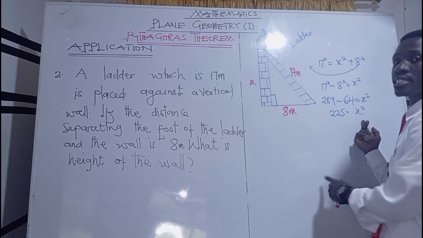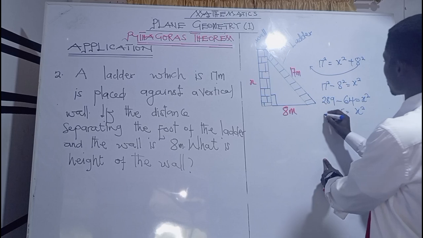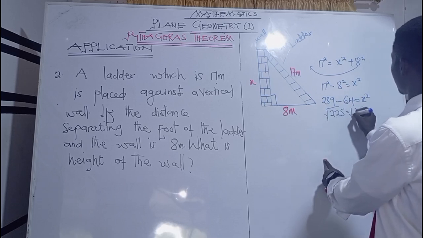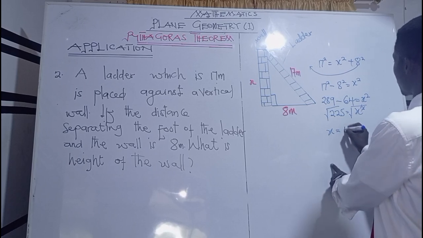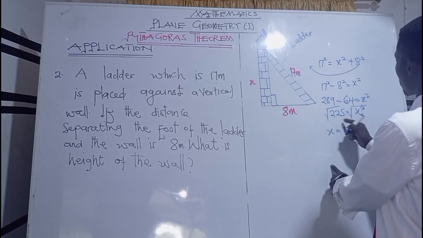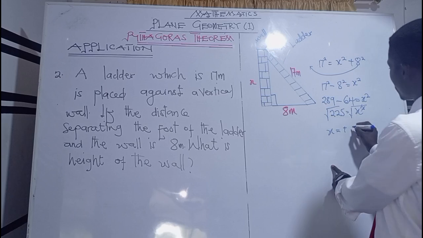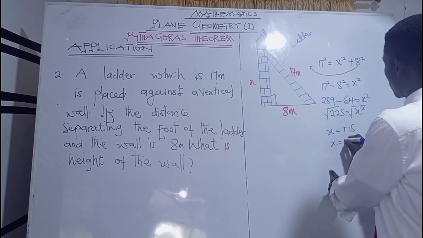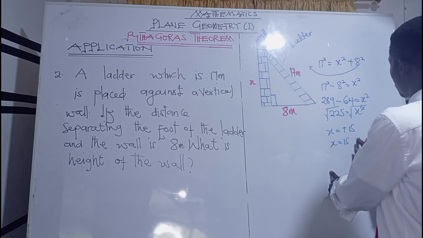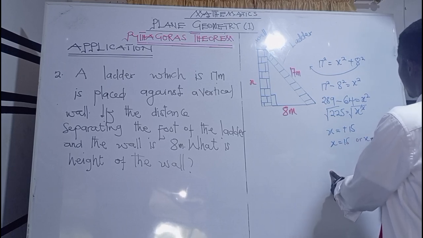Now we are looking for x, not x squared. So we take the square root on both sides so that this and that will go. So we can say that our x is equal to plus or minus root of 225, which is 15. So we have x is equal to 15 or x is equal to minus 15.